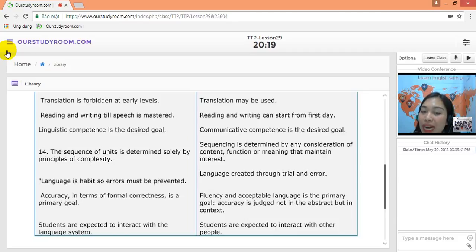The second one, demands memorization of structure-based dialogue, while in communicative, dialogues, if used, center around communicative functions and are not normally memorized. Okay, what have you understood with this one, Teacher Sign?